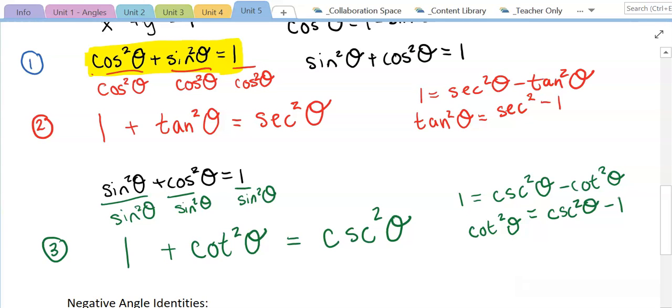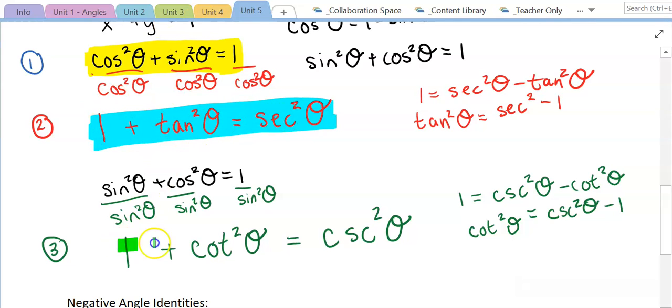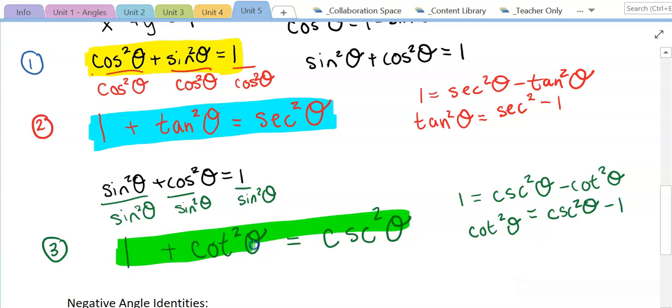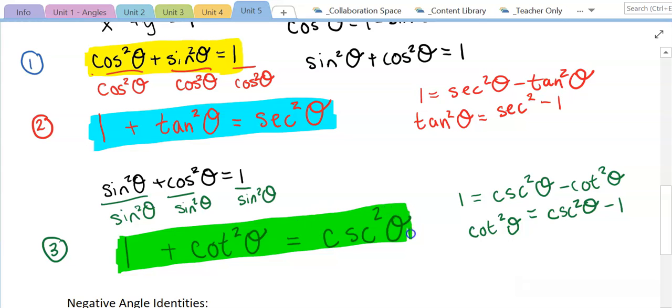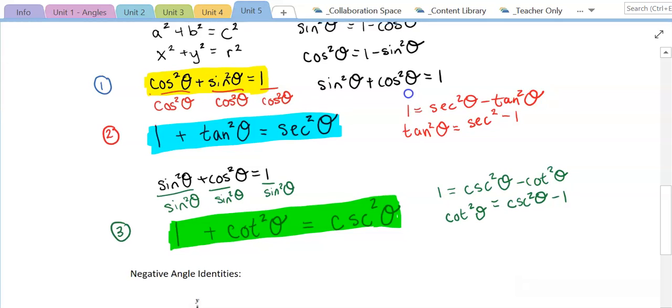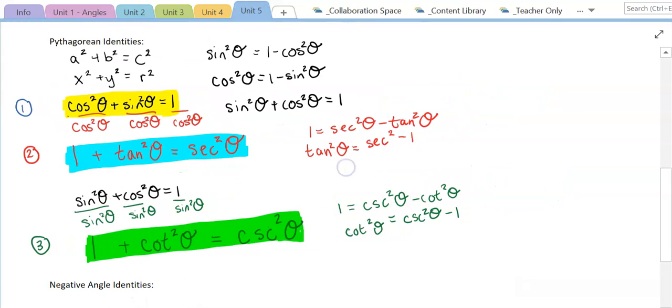So lots of different formats you can see it in, but I want you to be familiar with what I'm highlighting. What's already in yellow, plus what I just highlighted in blue, plus what I just highlighted in green, these are your three main Pythagorean identities, and the other formats I have written off to the right-hand side are just variations of the same identities.